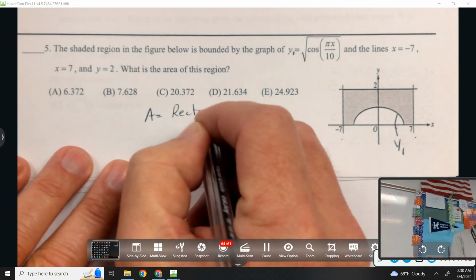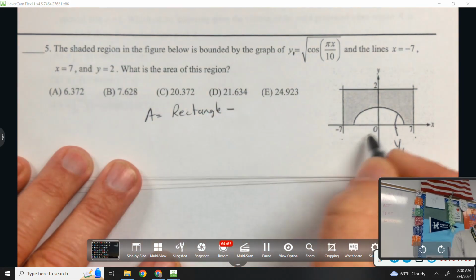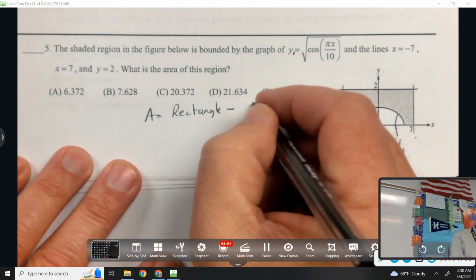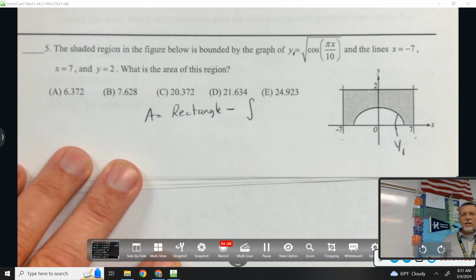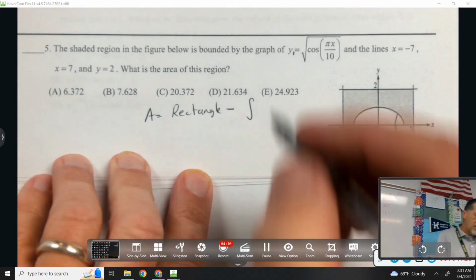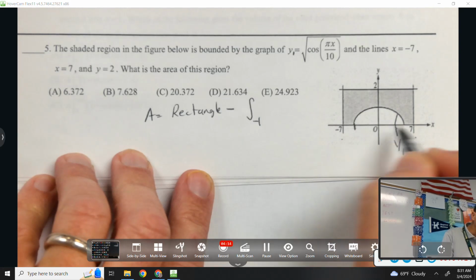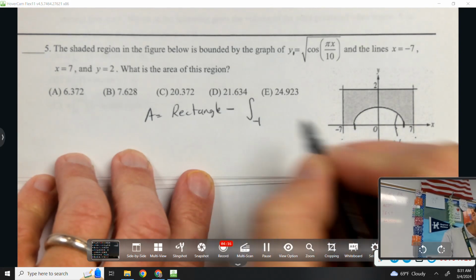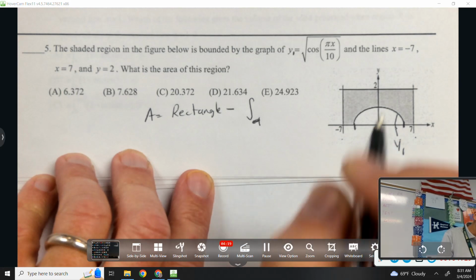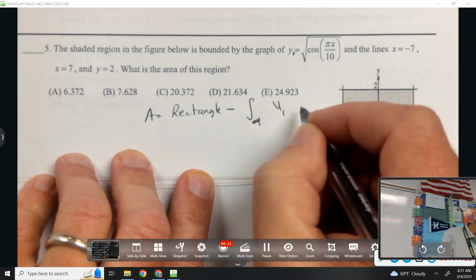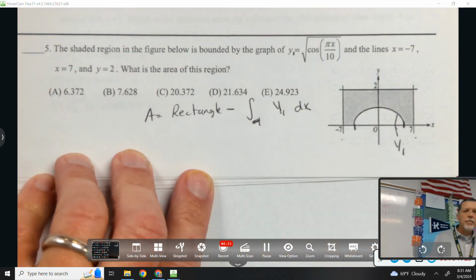I'm just thinking it's the rectangle minus the cosine thing. So it's the rectangle minus the integral, whoops, I shouldn't go negative 7 to 7. I need to figure out where those are. So, I don't know, of y1 dx.